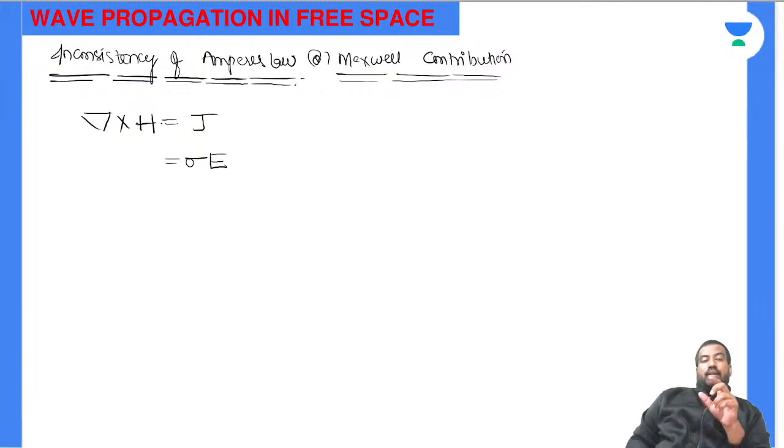So what Ampere told is, only when there is a conductor, current will flow. Is it true? Without a conductor, current cannot flow. So for the flow of current, a conductor is required. This is what Ampere has told you.